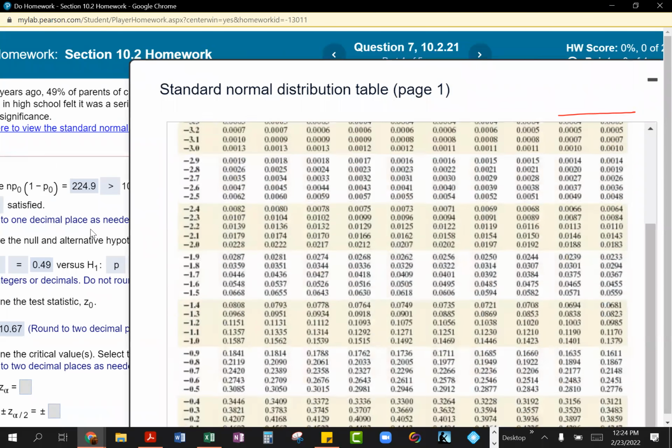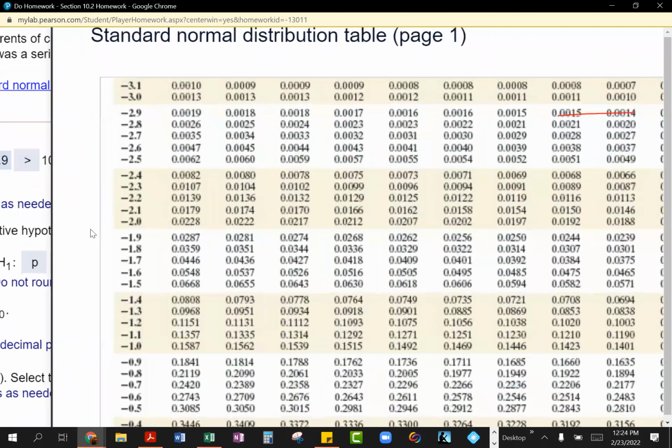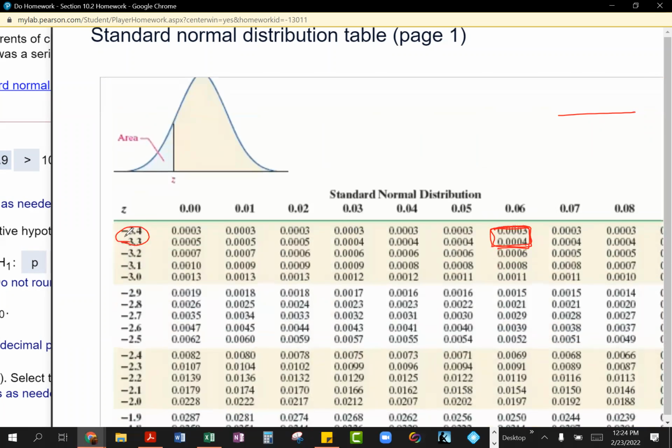0.025. So we should be back in this part of the table. And you will see over here when we talk about 0.025, we're back over here. And if you remember, we had that same thing in our section 9.1 problem.